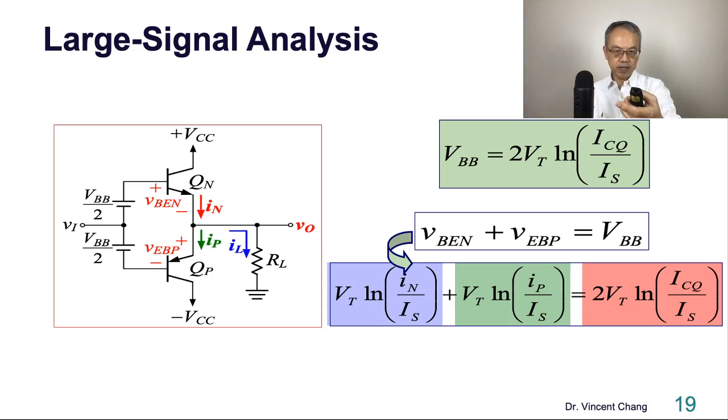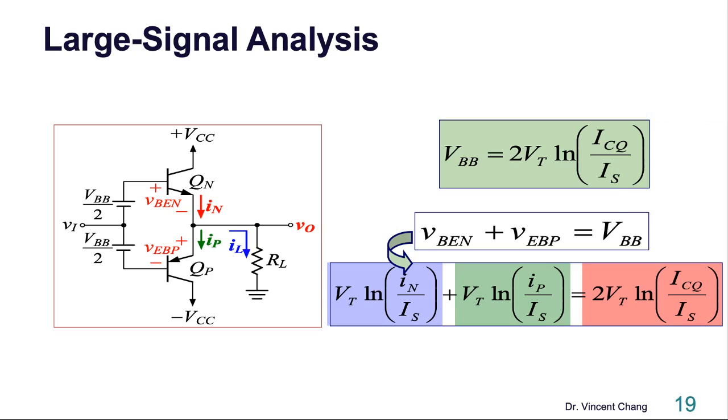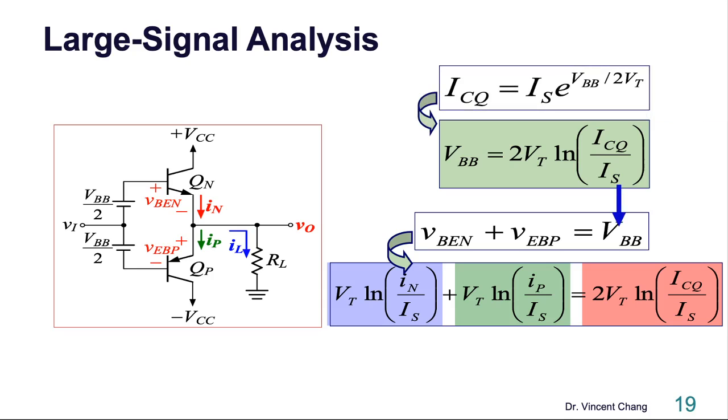VBB equals 2 VT natural log ICQ divided by IS. Why this? Quiescent bias current. Okay? So I said select a suitable VBB, then it decides the ICQ that you want.